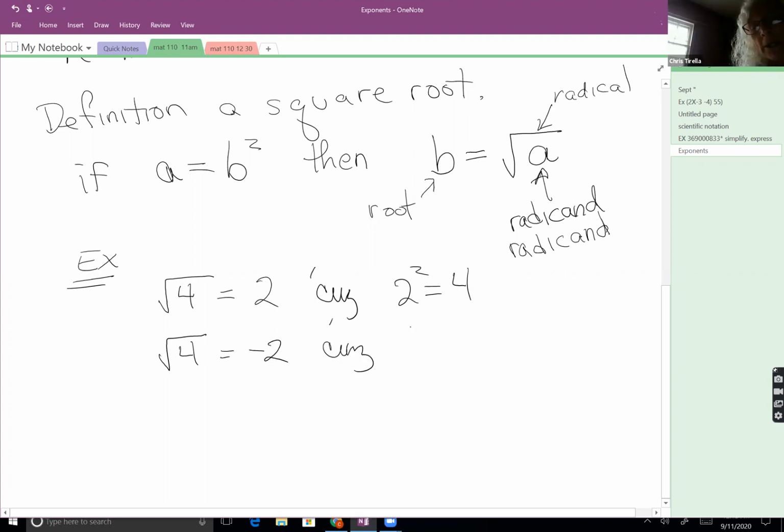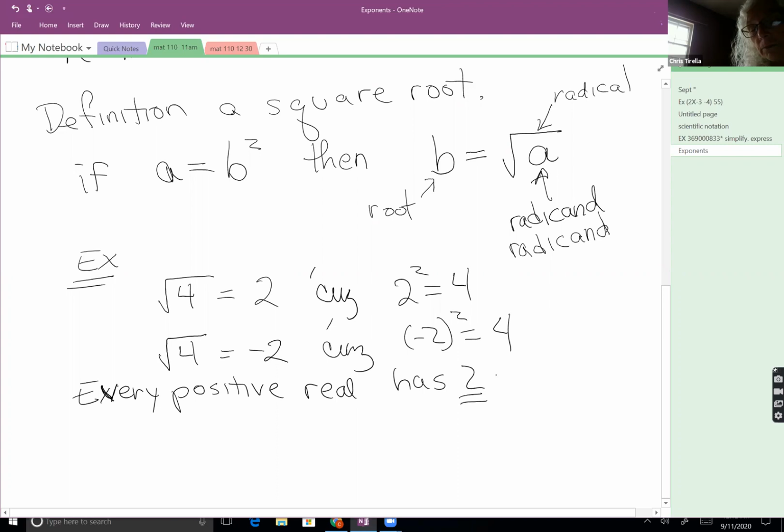Because if I take -2 and square it, don't I also get +4? And so we're going to say that every positive real number has 2 roots. One root is positive, and the other root is negative.